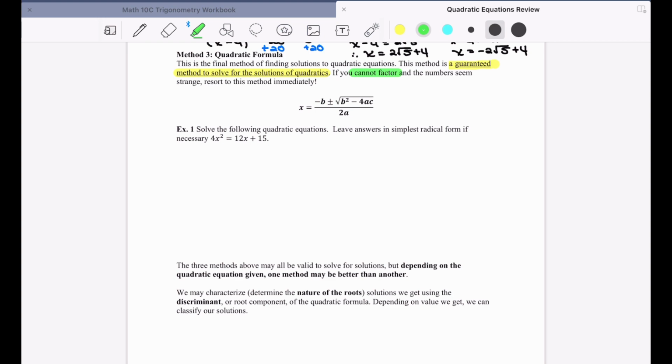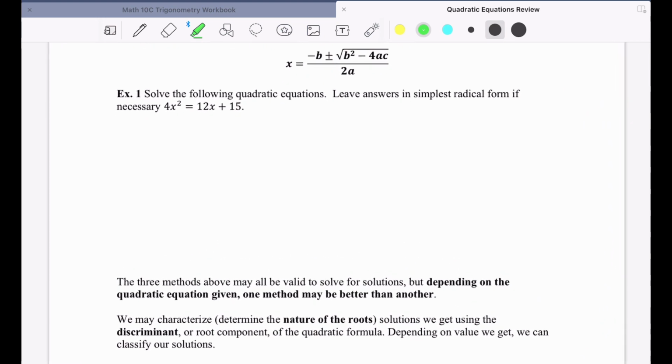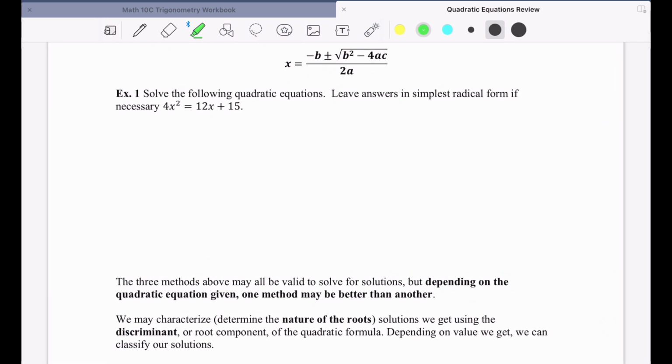So let's consider example 1 here. It says solve the following quadratic equation and leave your answer in simplest radical form if necessary. Our first step of solving for the solution to the quadratic equation is going to be to move all the terms to one side to make our equation in standard form.